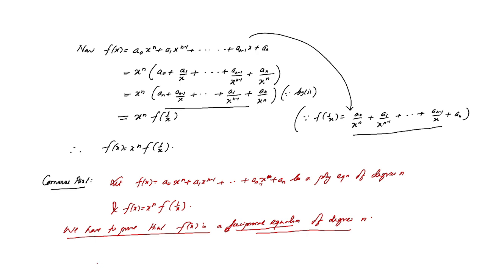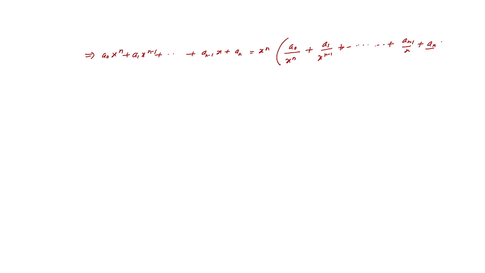Now start from what is given: f(x) equals x to the power n f of 1 by x. So f(x) is a0 x to the power n plus a1 x to the power n minus 1 plus ... plus an minus 1 x plus an. This equals x to the power n f of 1 by x, so a0 by x to the power n plus a1 by x to the power n minus 1 plus ... plus an minus 1 by x plus an.